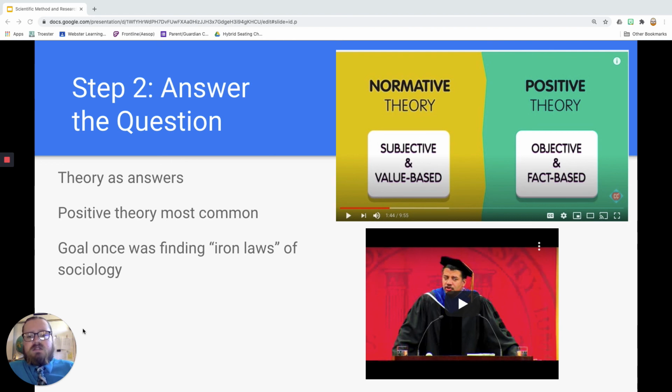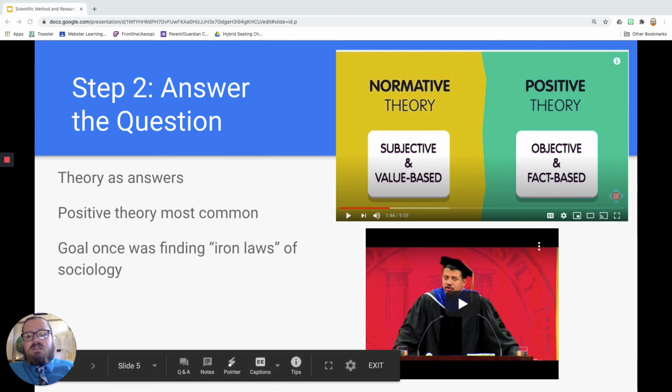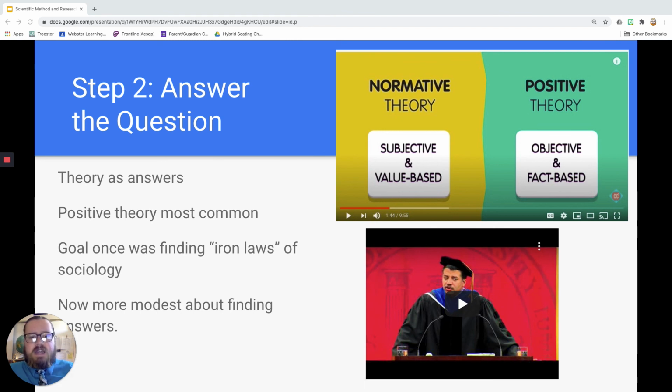What we have found in time is that that pursuit is not going to bear fruit. And instead, what we see now is that sociologists are far more modest about their ability to find answers. We are much more modest about our ability, especially to find solid answers about the social world.